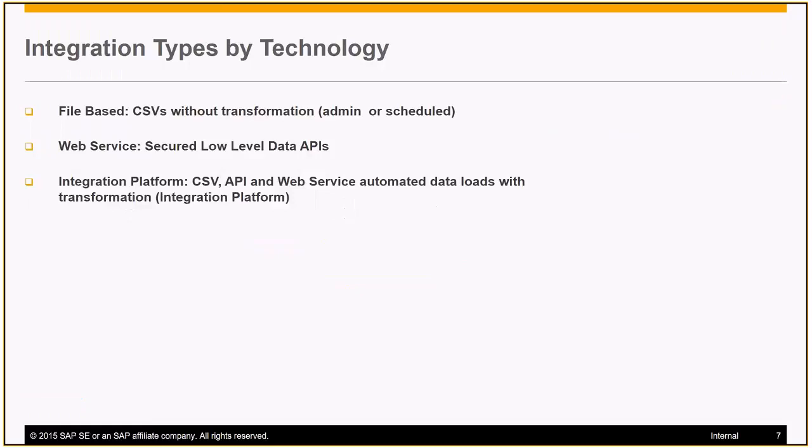Now, integration, we basically have two main types. One is a file-based integration. That is simply CSV or .txt files extracted out of SuccessFactors or into SuccessFactors without any transformation. In other words, raw data coming out of SuccessFactors or raw data coming in from an external system.